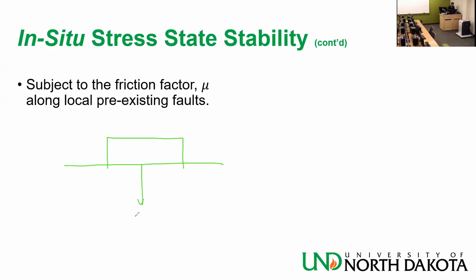The box weighed a certain weight, it applied its own weight on the bench, and the bench was applying the same stress normally to the box, which is equal to W. If you wanted to move the box like this, sorry, let me use a different color, you are basically fighting friction that is trying to push the box backwards.